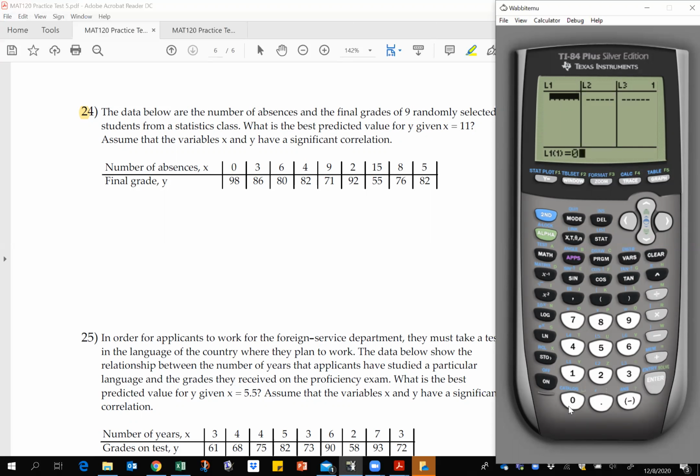So enter the x values first: 0, 3, 6, 4, 9, 2, 15, 8, and 5. And we have 98, 86, 80, 82, 71, 92, 55, 76, and 82.